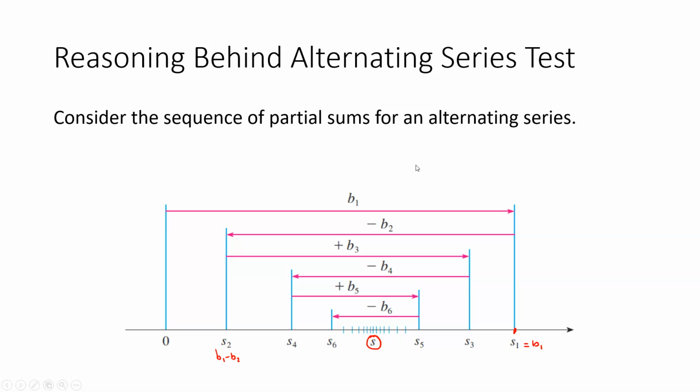That's a good way to picture why it only requires those two conditions: one, that the terms are getting smaller from one term to the next, and two, that they eventually go to 0. Otherwise, if they don't go to 0, they'll just bounce back and forth without getting closer and closer to one value. So they need to get closer to 0 in order to converge on some value in the middle.